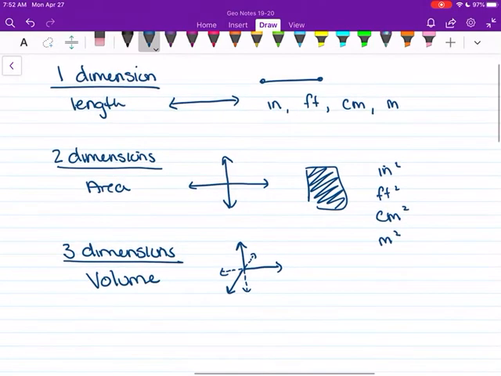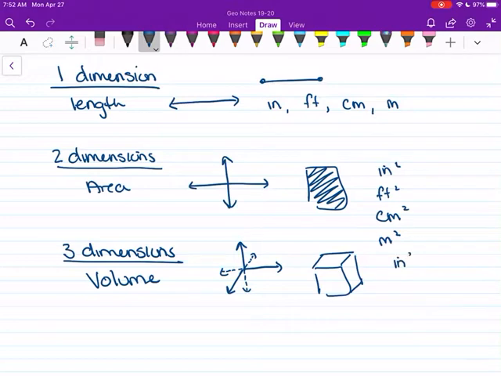So here we might have a cube, and we want to figure out how much space that cube occupies. Since we're measuring 3 dimensions, our units here are going to be inches cubed, feet cubed, centimeters cubed, meters cubed. If you remember how many lengths you're measuring, that will help you remember the units that are going to be involved.